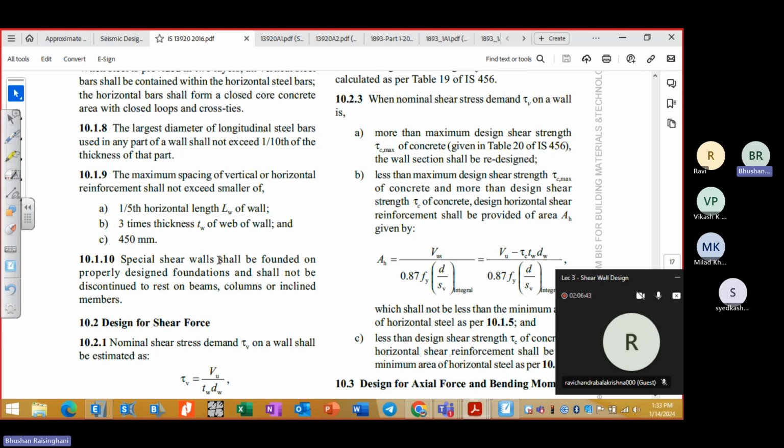Now, special shear walls shall be founded on properly designed foundations and shall not be discontinued to rest on beams, columns, or inclined members. That means it is saying that we cannot have a transfer girder, and it cannot rest on a column, nor any inclined member, and it should be continuous from top to bottom, that is, to the top of the raft.